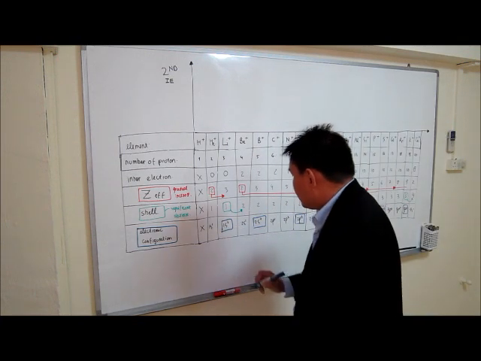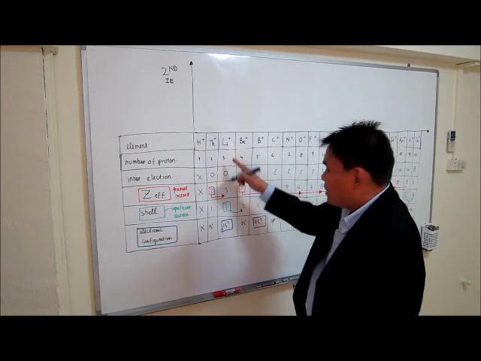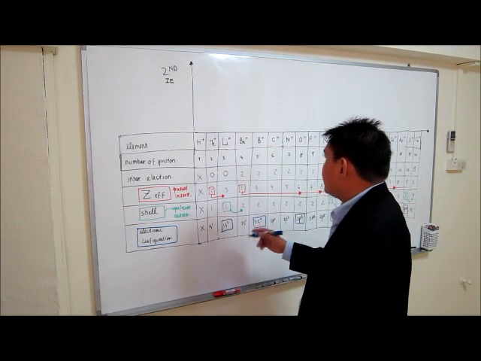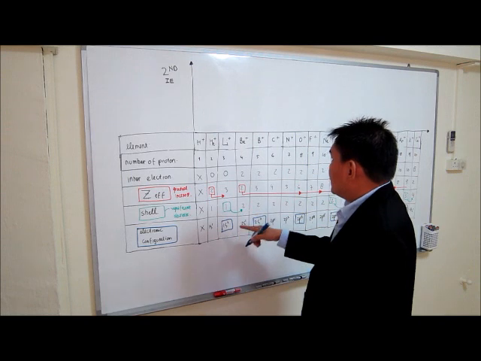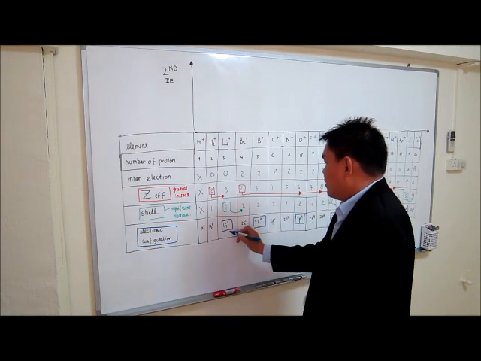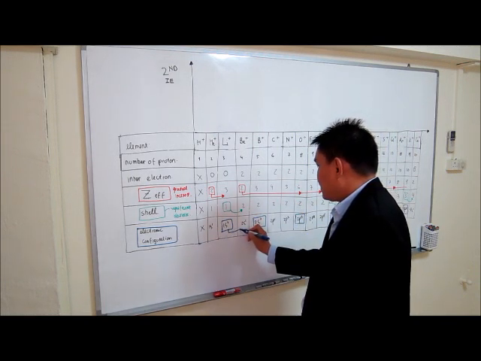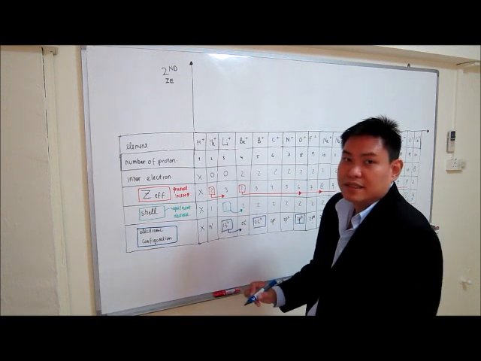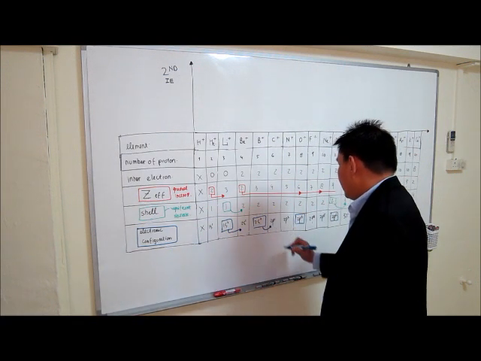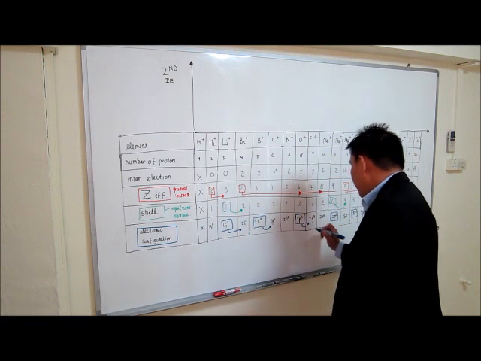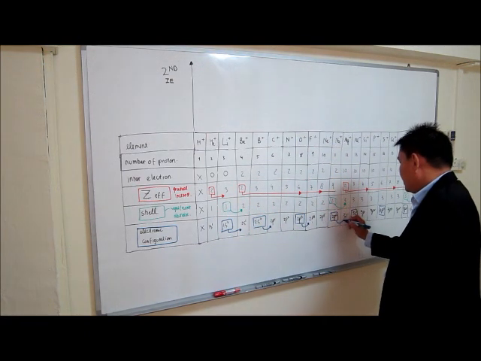Now, if Li+ is stable, then the next cation after that will have a slight decrease in second ionization energy. So the one that we mark with blue color here represents a slight decrease.